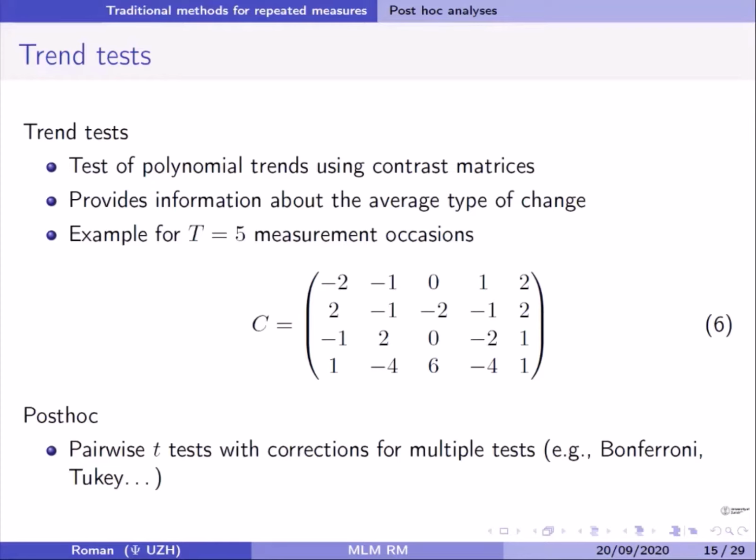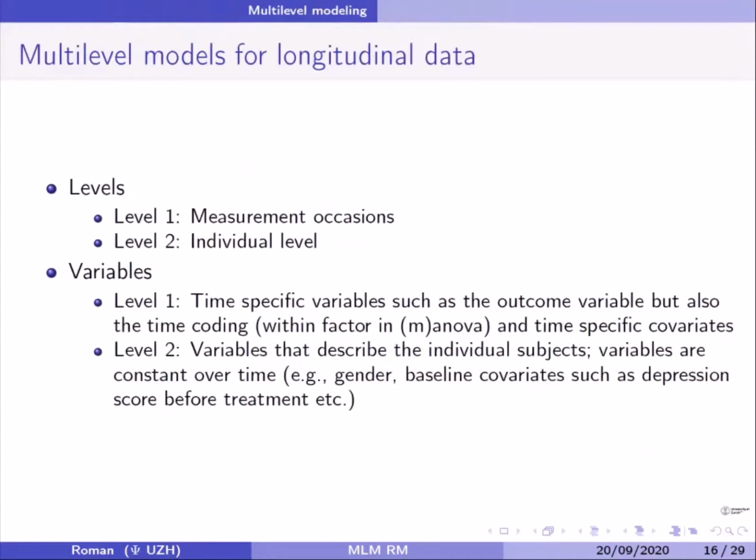The problem here is by doing a bunch of pairwise t-tests, we inflate our experiment-wise error rate. If I have a type 1 error rate of 5%, but I'm doing many tests, in the end, I have a higher error rate than intended. Therefore, we need to correct these multiple tests with a p-value adjustment, and these can just simply be too restrictive and can result in type 2 errors. So this is not desirable.